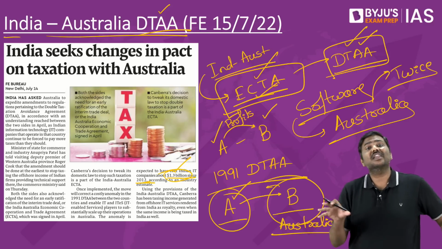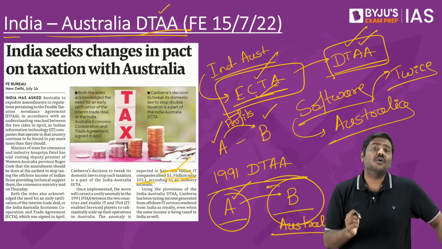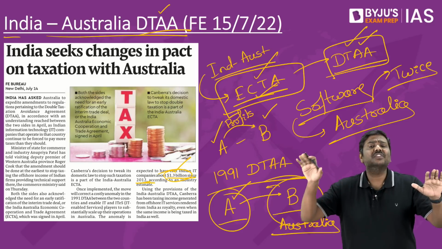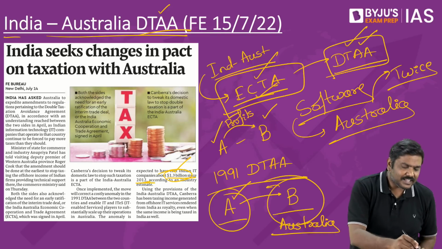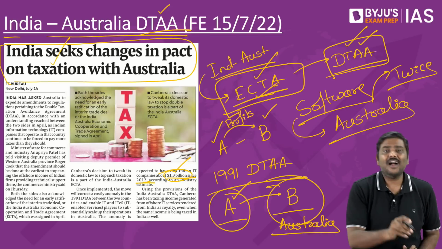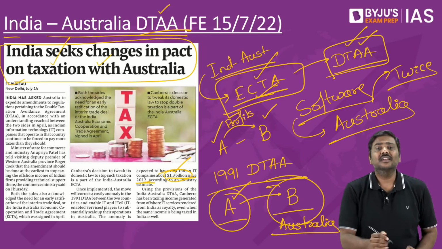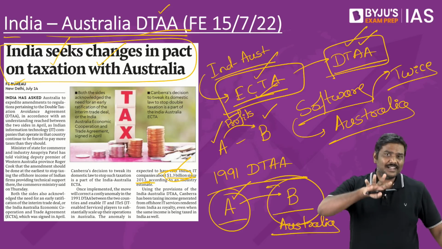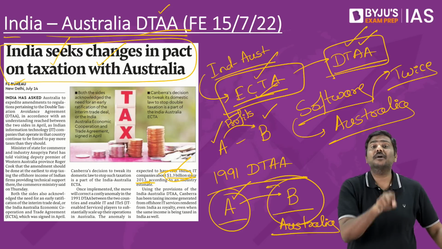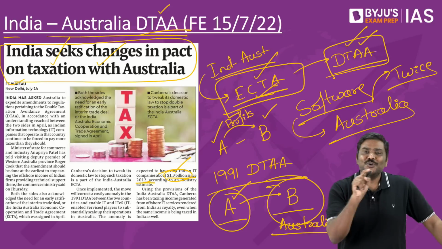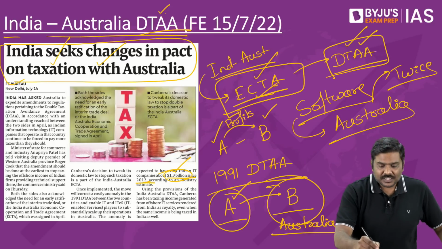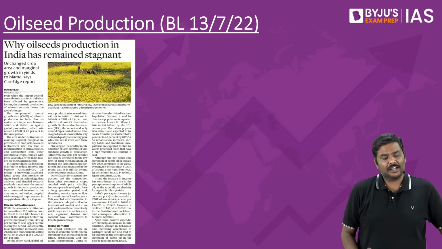We want the Australian government to make the changes in the law so that Indian software companies will not have to pay taxes in both of these particular countries. And that is what is being provided in the article here. India is seeking that the Australian government make changes as soon as possible so that Indian software companies don't have to pay the taxes in two different jurisdictions. So this is the discussion on this article.